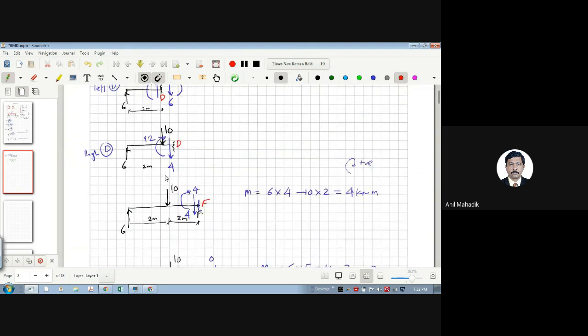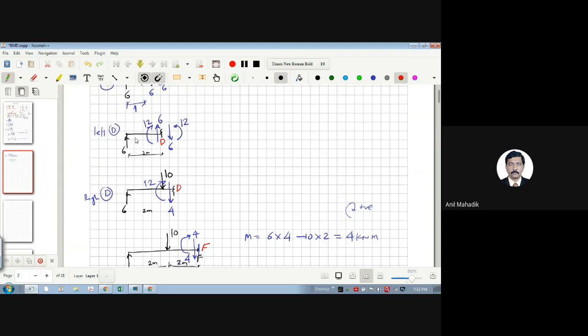That means 6, 12, they are linearly proportional. Whenever I was calculating the moment here, I did 6 into 2. What did I do? 6 into some distance, let's say x. Are you getting? 2 is some distance. Yes, sir. So 6 into x. So what is this function?